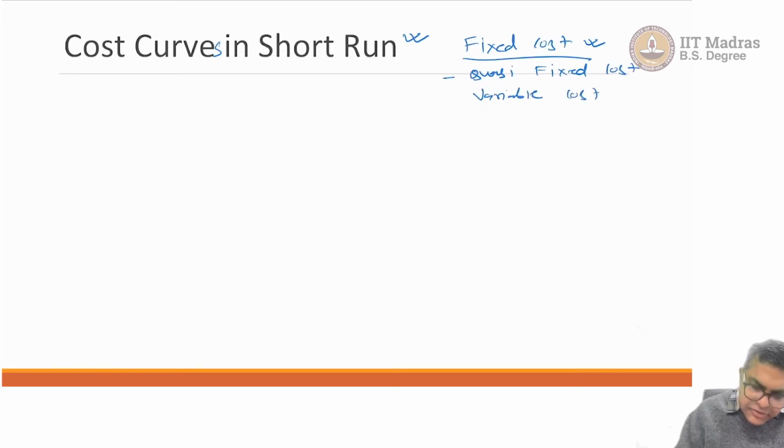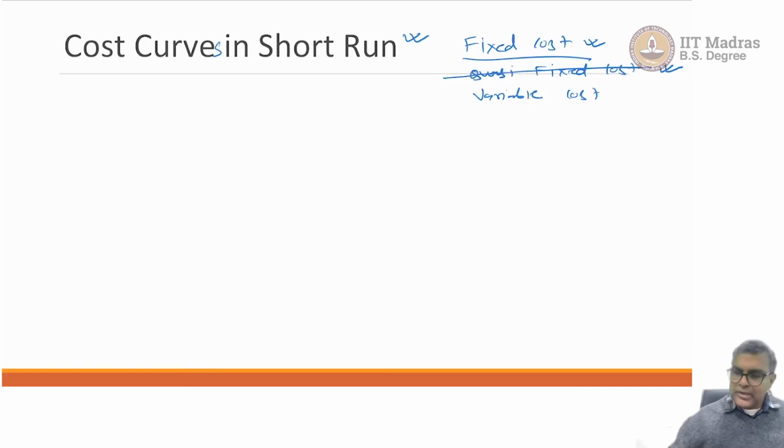And we said let us not pay attention to this. But even in the long run, sometimes you will see a fixed component, and that fixed component could be because of quasi fixed cost. So don't worry about why we are getting a fixed component in the total cost curve. Because of the presence of quasi fixed cost, you can have that component.